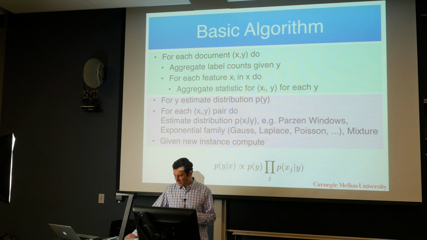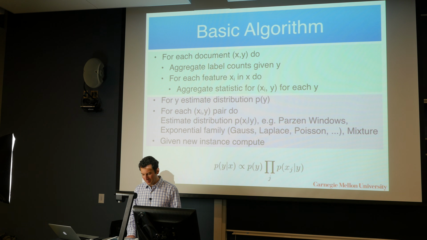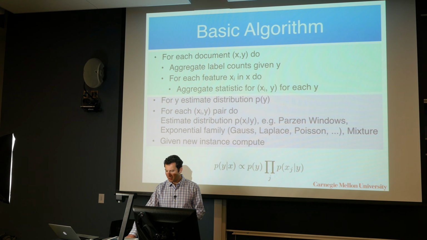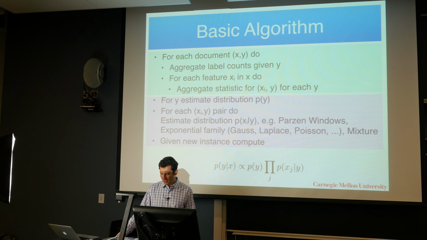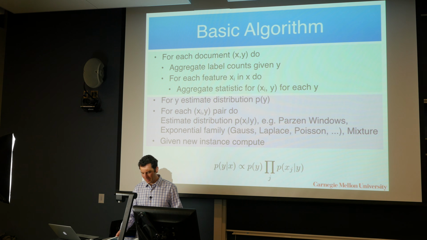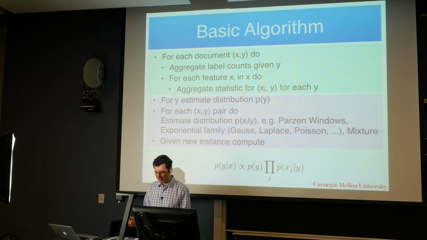So here's the basic algorithm. I just go, and for each document, I aggregate the label counts given y. So basically, I store how many times each word occurs for ham and spam. I do that for each of the features, and I aggregate this statistic basically just for all the pairs xi and y.